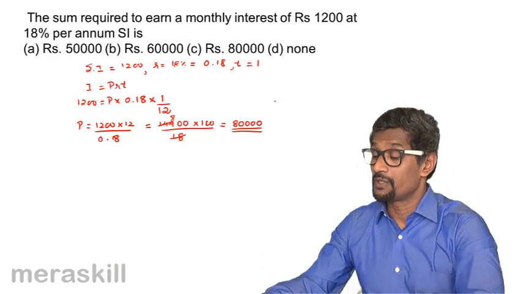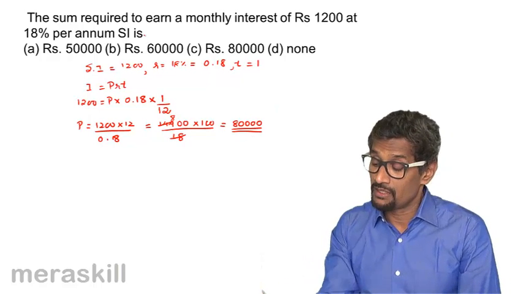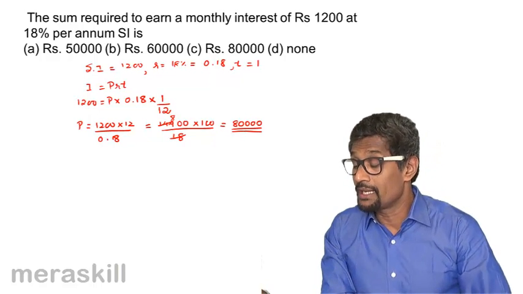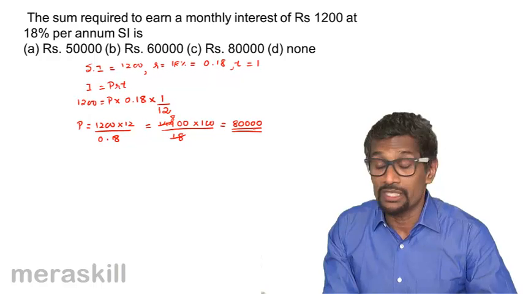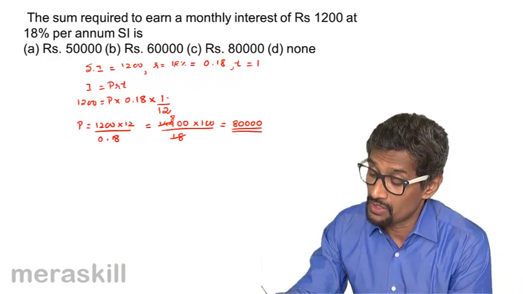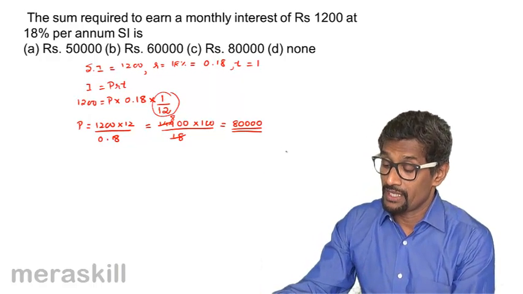So if you take the principal as 80,000, at this particular rate it will give you a monthly interest of 1200 per month. So you need 1200 per month monthly interest. For that, you need to invest 80,000 rupees. Remember, the most important thing is you want monthly interest, so we find it out like this. Hence, we get it.